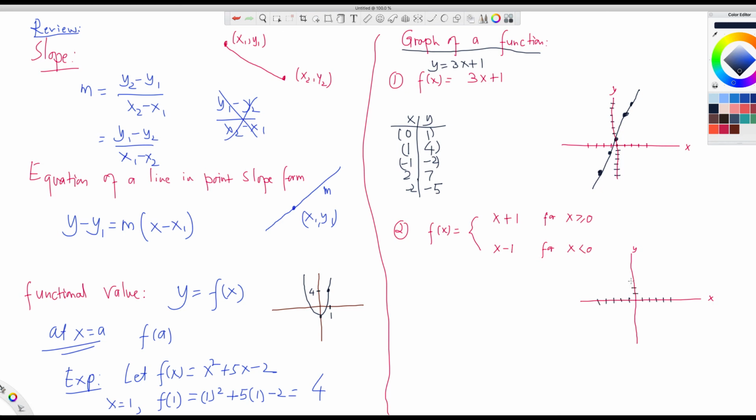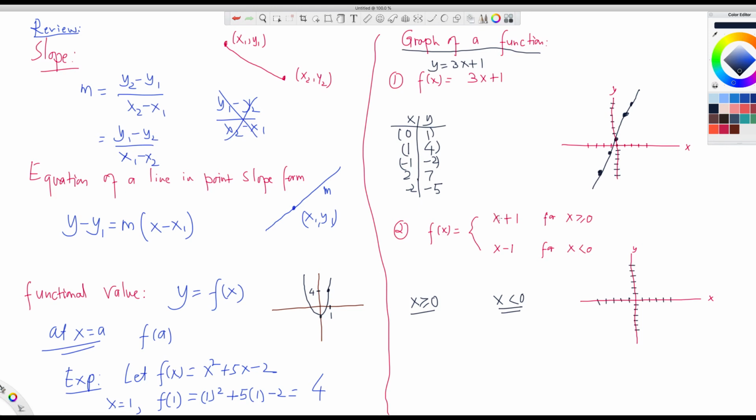So let me mark those 1, 2, 3, 4, 5, and so on. Similarly, on the negative side of x and y, okay? This is the graph or the grid, okay? Now, for x greater than or equal to 0, you make a chart. For x less than 0, you make another chart. You see that?